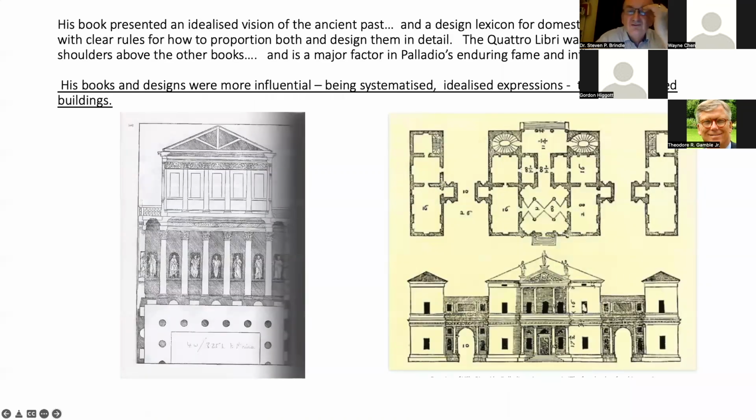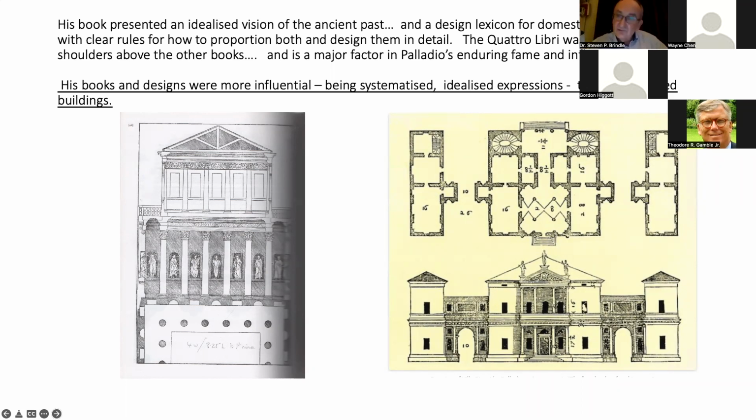So Palladio provides a whole suite of images of ancient buildings, which represent inspiration, which present an idealized vision of the ancient past. And he also presents designs of his own, like this one, I think it's Villa Pisani, for examples of how classical architecture can be applied using suites of perfect harmonic proportions to solve contemporary needs and problems.